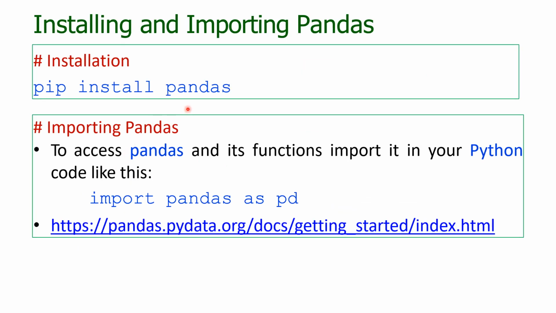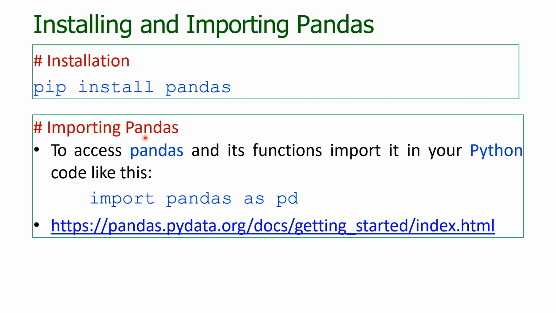Now let us see how to install and import Pandas. Once you have Python and pip installed on your computer, you can open your terminal or command prompt and run the pip install pandas command to install Pandas. This will download and install the latest version of Pandas and its dependencies.